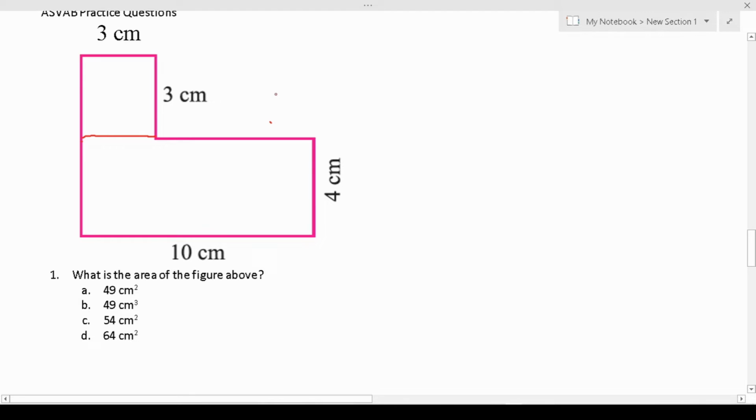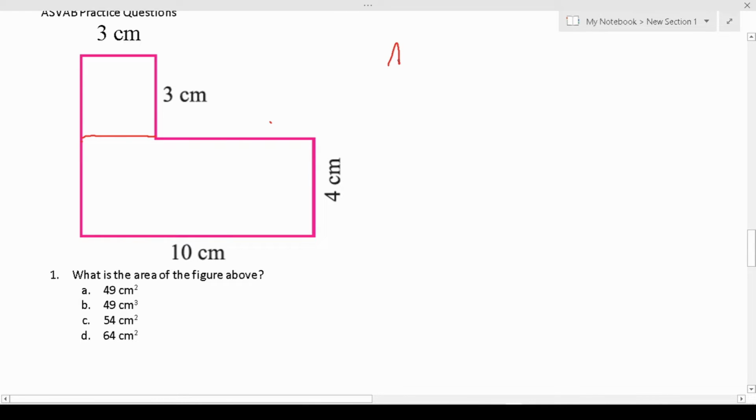So again, as I mentioned, composite figures are combinations of two polygons with which you're familiar. In this case, we have a rectangle here and a square here. So to find the area of this figure, we're going to find the area of this square and this rectangle separately, and then we're simply going to add those areas together. So let's start.